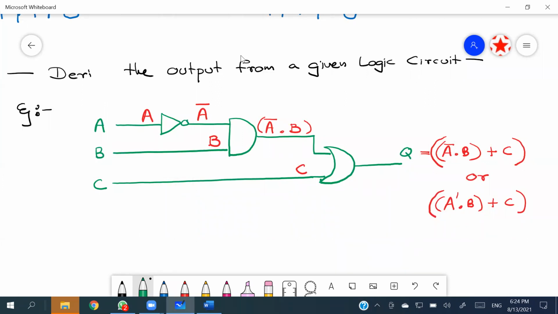It's better we say deriving, not just derive.